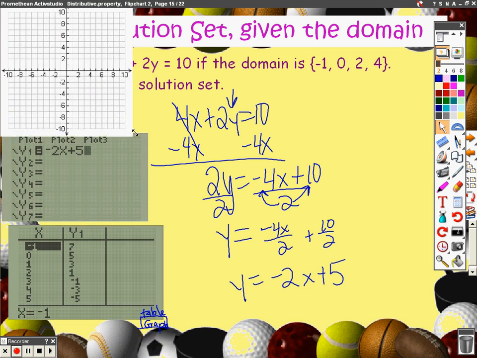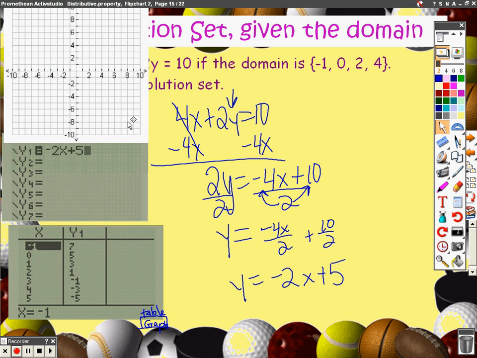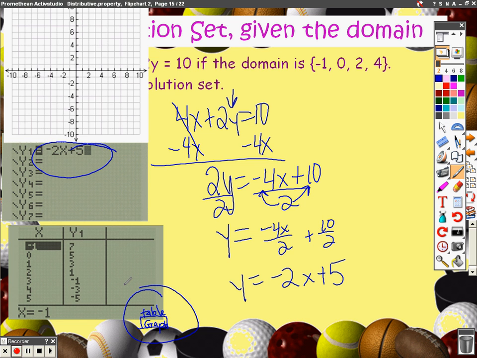I'm going to blow this up just a little bit bigger. I have my y equals screen right here. That's where you started. Then you move to your table, and now you're just going to graph. You'll see -1, 7 right here. My next one I believe was 0, 5.